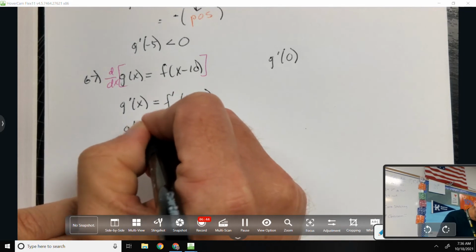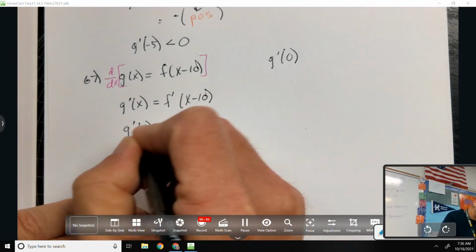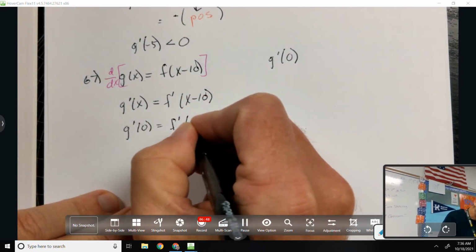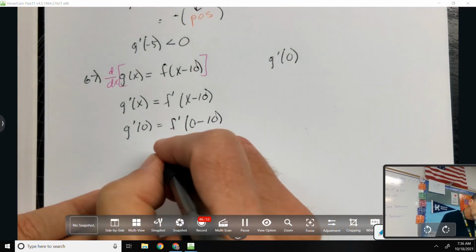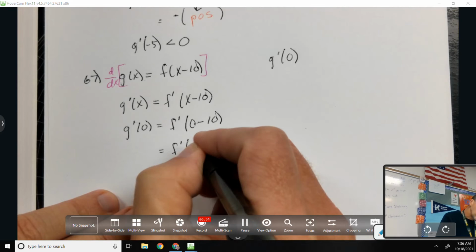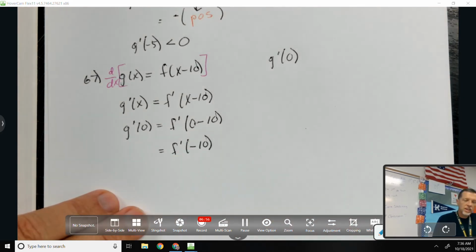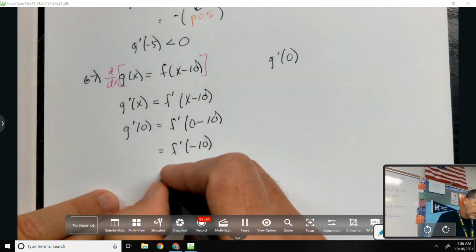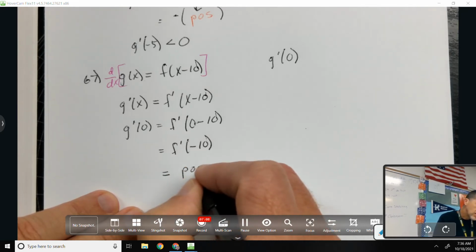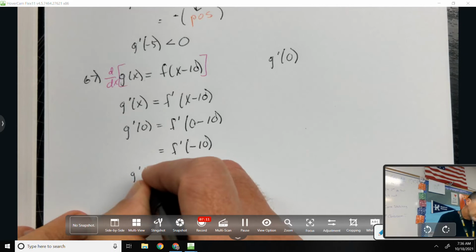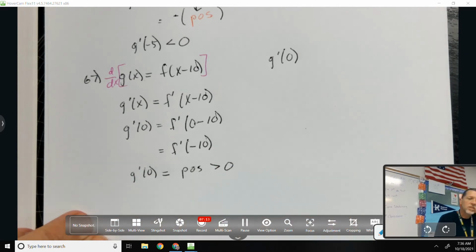So g prime of 0 means plug 0 in for x, equals f prime of negative 10. Then I go look at my picture or the table, either one. F prime of negative 10 is positive, so g prime of 0 is greater than 0.